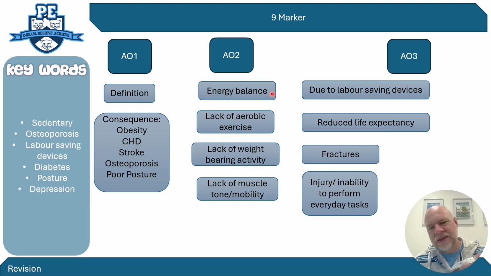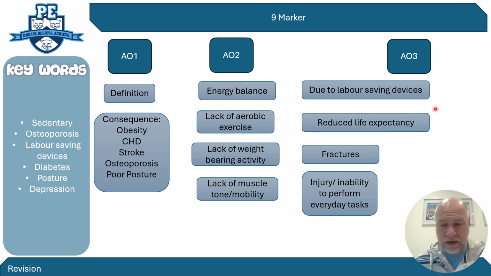But then we've got to go to the analytical side of it and the explanatory points in this 9-marker. So a reason why you might have a lack of energy balance leading to obesity is because of labor-saving devices. Why are we not burning those calories? Because there are things preventing us from burning those calories.